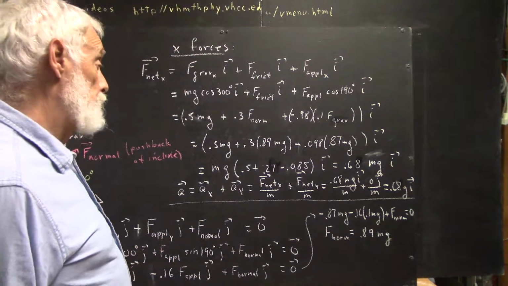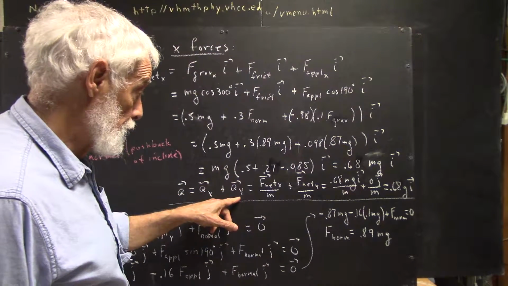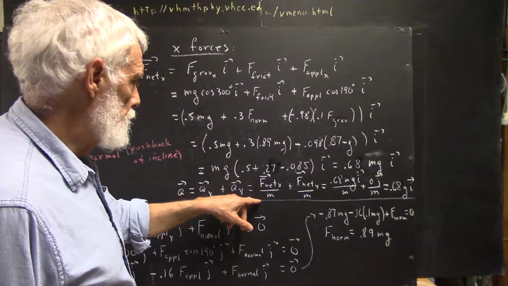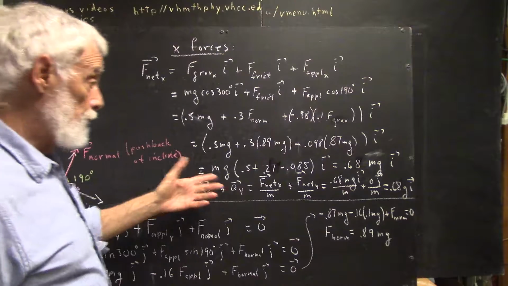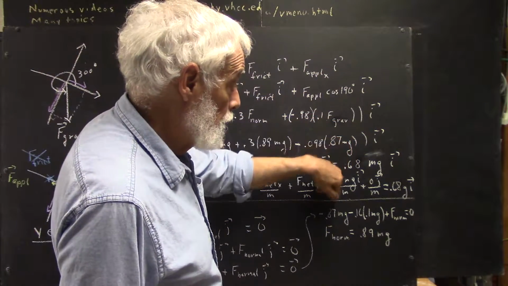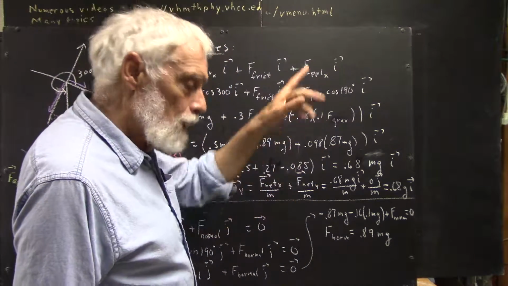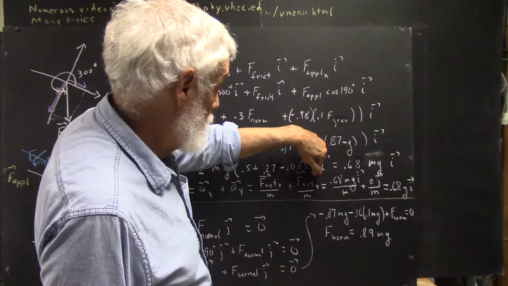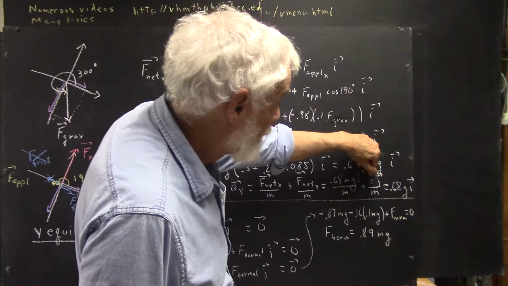Okay, well now, what's the acceleration? Well, I add the x acceleration to the y acceleration. And that's going to be x net force divided by mass plus y net force divided by mass. The x net force is this. We got this by adding all the forces in the x direction divided by the mass. And of course, the net y force, since we chose the coordinate system so that, among other things, the net force in the y direction be 0, we'd have y equilibrium, it's going to be just 0.